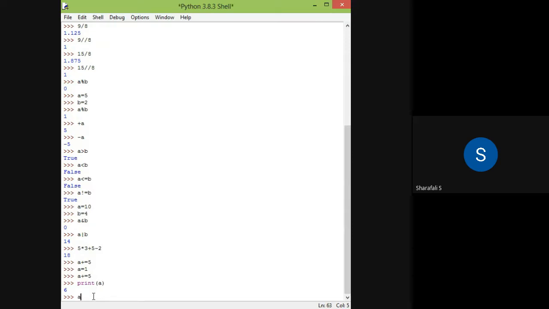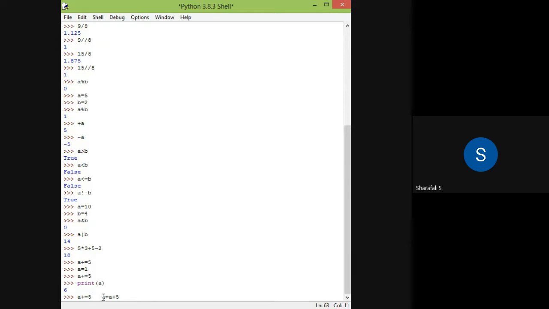So I have a plus equal to 5. This is the same as a equal to a plus 5. Both these expressions are the same. So here I am initializing my a value with 1 and I am adding 5 with that.